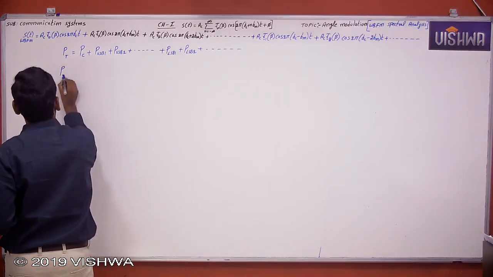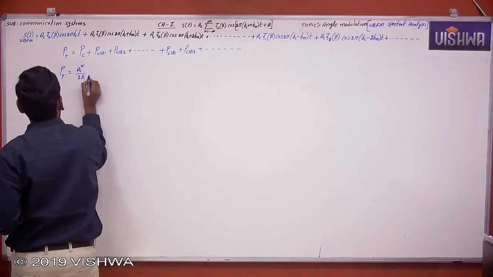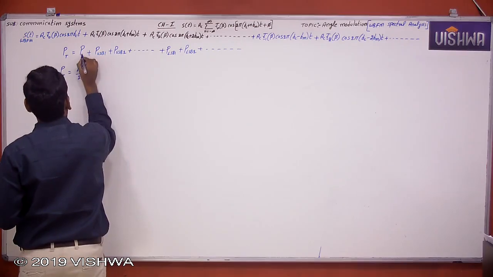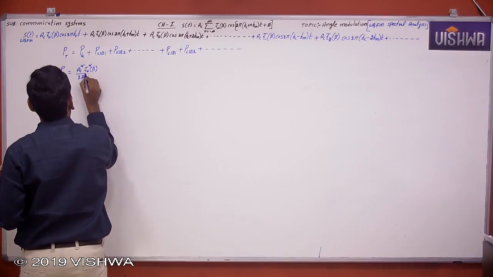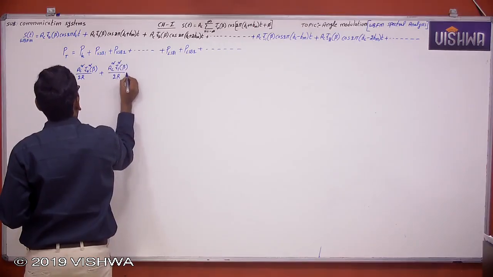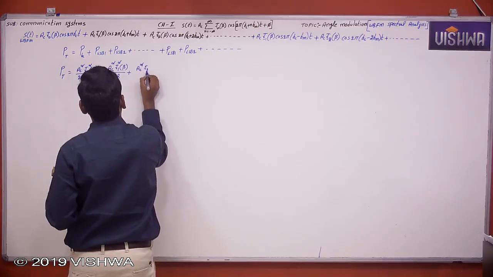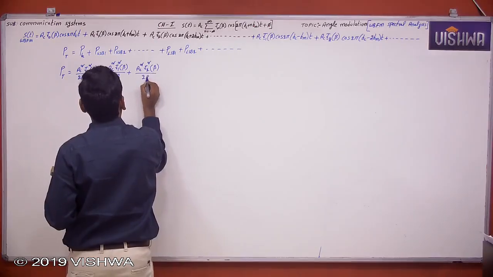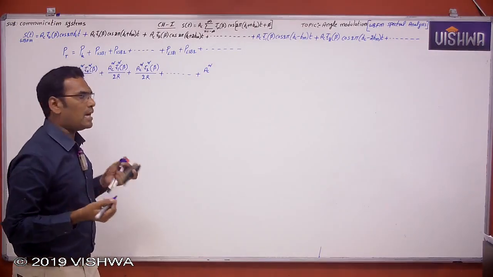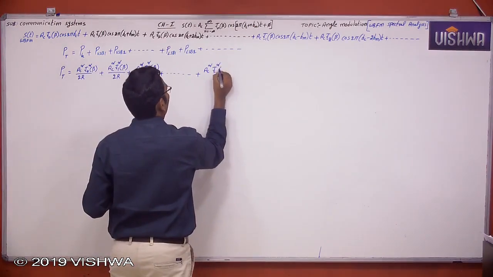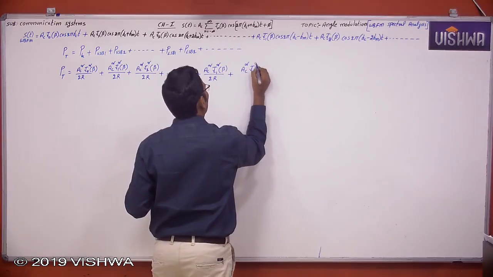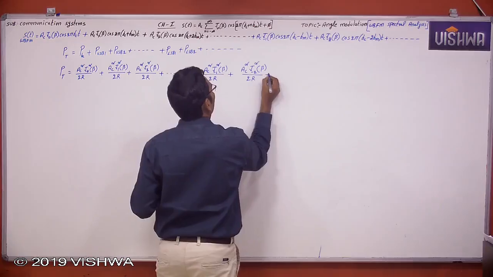So the total power is equal to Ac squared by 2R, that is Ac squared J0 squared of beta by 2R, plus Ac squared J1 squared of beta by 2R plus Ac squared J2 squared of beta by 2R and so on, plus Ac squared J minus 1 squared of beta by 2R plus Ac squared J minus 2 squared of beta by 2R and so on. Because all are sinusoidal signals, the RMS value gives the power.